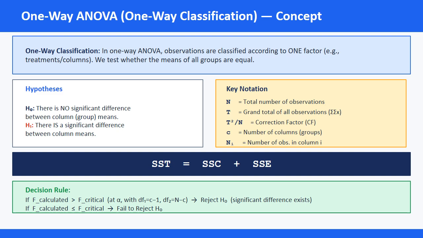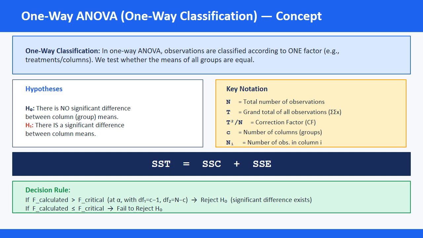Now let us define the hypothesis. Null hypothesis, that is H naught, means that there is no significant difference between the group means. And the alternate hypothesis, which is represented as H1, means that there is a significant difference between the group means. We also use some common important notations like N, which denotes the total number of observations, T, which denotes the grand total of all observations, CF, which denotes the correction factor, and SST, which denotes the total variation.